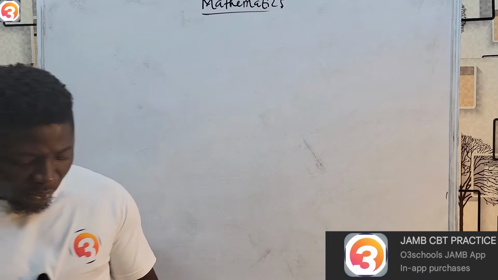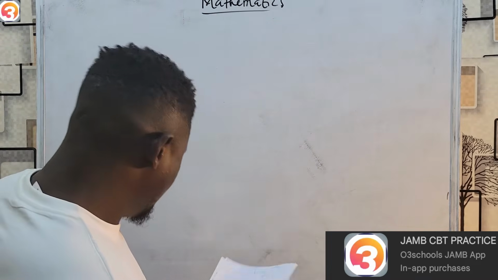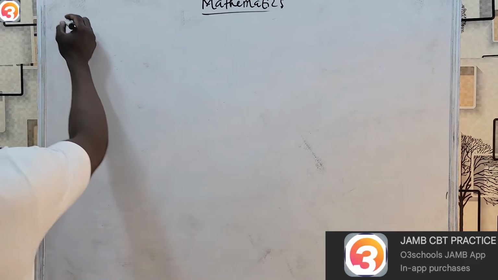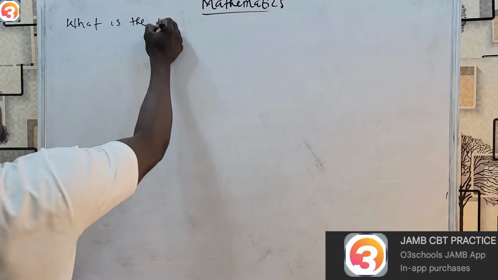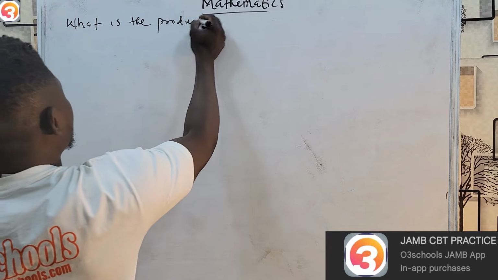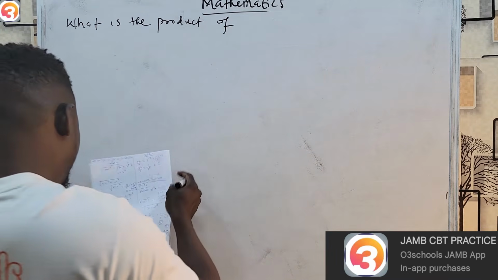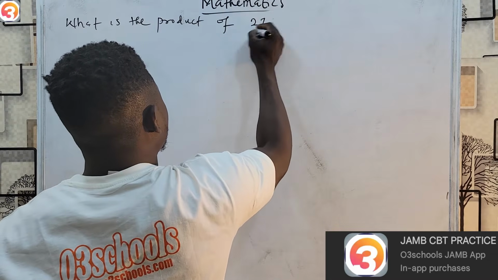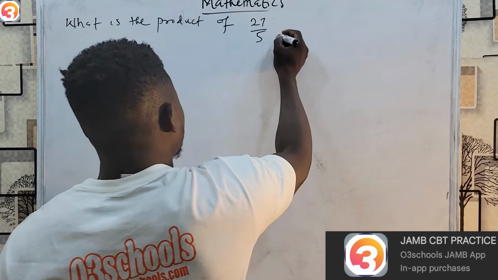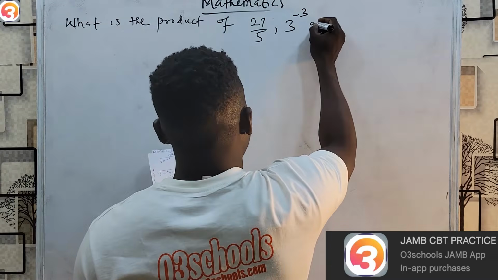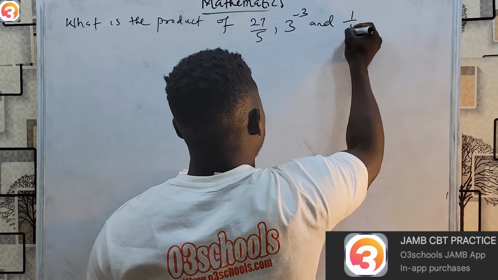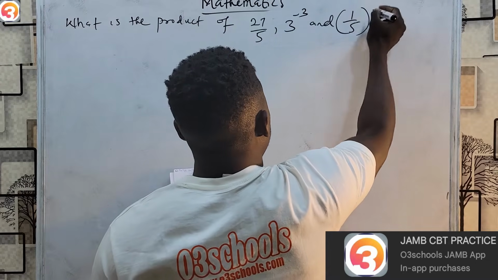So the next one we are having here is, what is the product of 27 over 5, 3 raised to the power minus 3, and 1 over 5, all raised to the power minus 1?